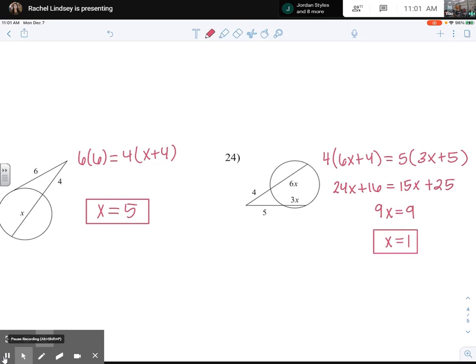When you finish copying that down, get out your packet and turn to page 25.